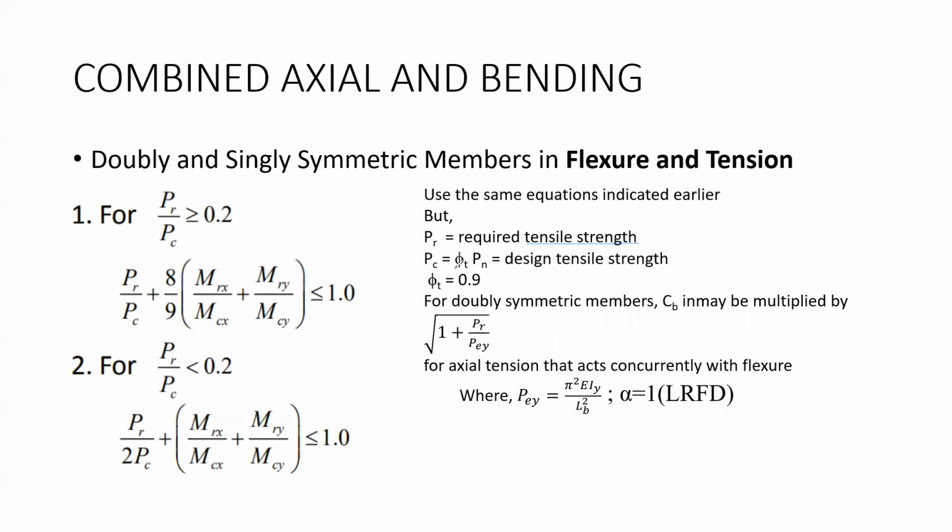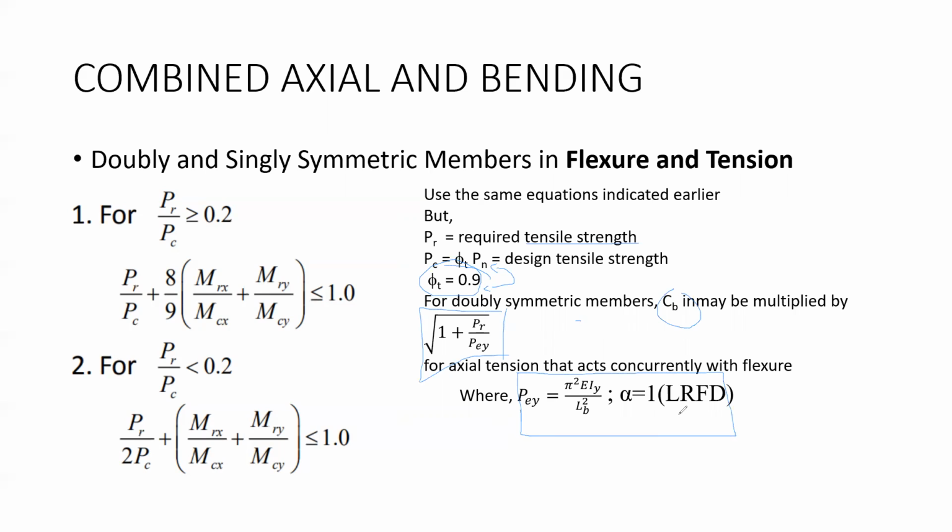Your PC is your tensile strength also na ginamitan natin ng multiplier. So this is your nominal times 0.9. For doubly symmetric, isa-solve natin yung CB. Ito siya pag tension. And your PEY, that is pi squared ELY all over L squared.